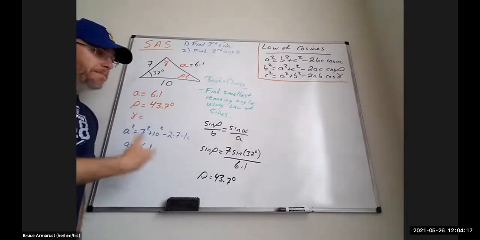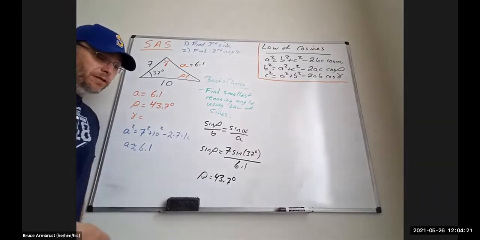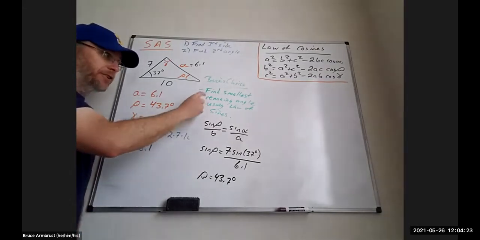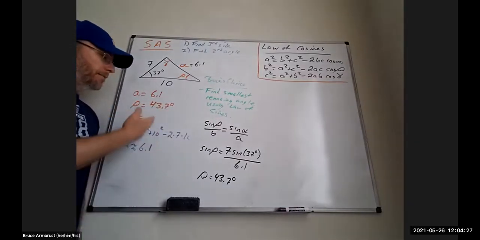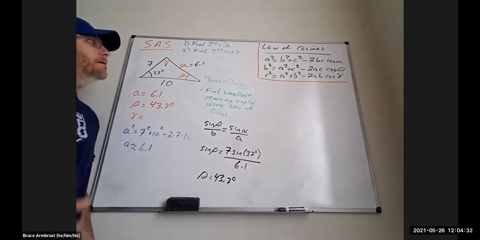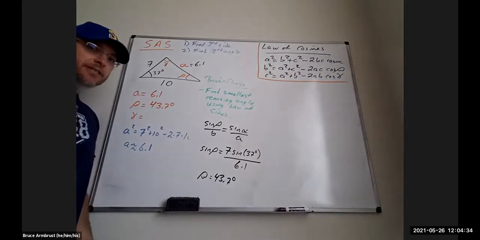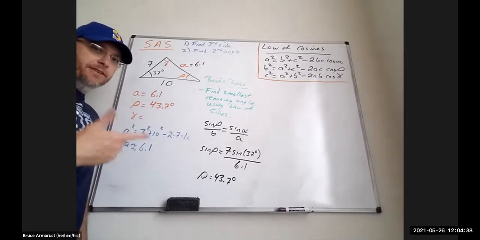All right, so hopefully you guys agree that that's a pretty fast way to get an angle. I'll explain why I specifically chose the smallest remaining angle in a second. But there's my beta, 43.7 degrees. But now that I have a second angle, I can get my third angle. And this one, I'm not going to use law of cosines, I'm not going to use law of sines.